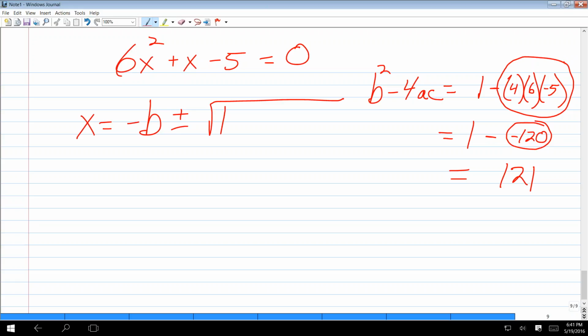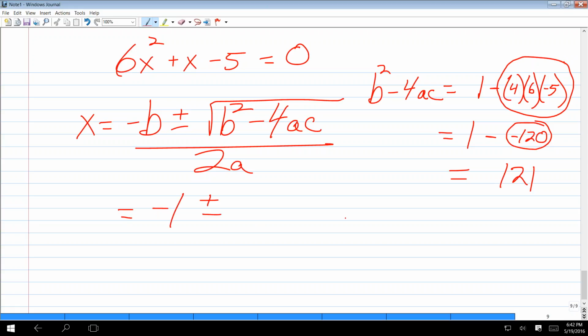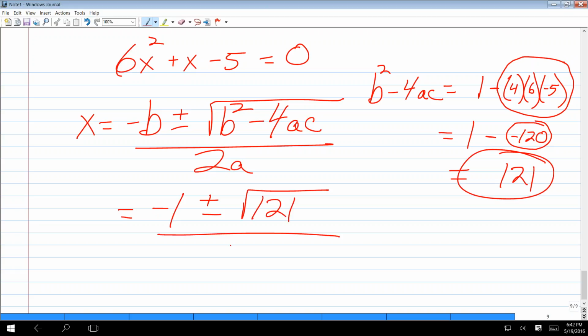Well, we don't even need to plug it all in. I mean, we are going to plug it in, but we already know the discriminant, so we've done half the work already. What's minus b? Minus b is negative 1. Plus or minus the square root of 121, I'll write it like that for a moment, all over what?